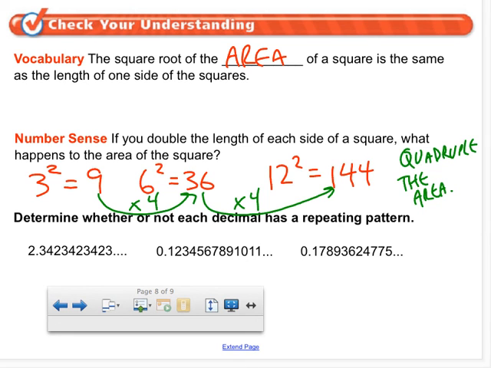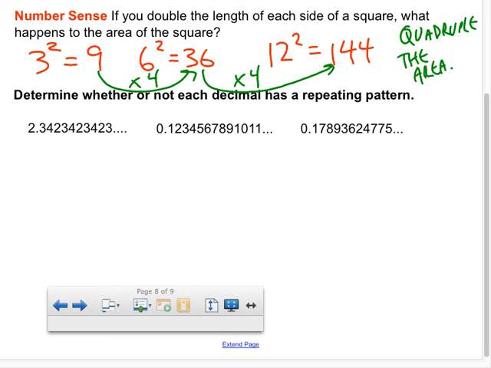So now, determine whether or not each decimal has a repeating pattern. Does this have a repeating pattern? Yes. Can I take a block of the numbers, make a stamp out of it, and finish the rest of the number? I can. So this repeats at 3, 4, 2, and then it repeats 3, 4, 2, 3, 4, 2. So that is repeating.